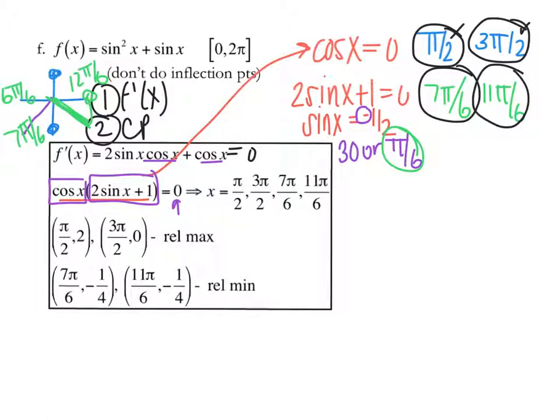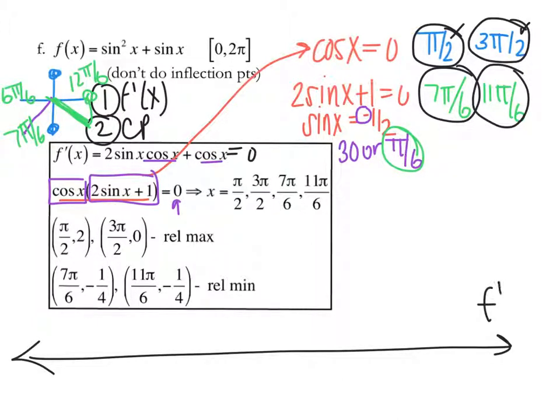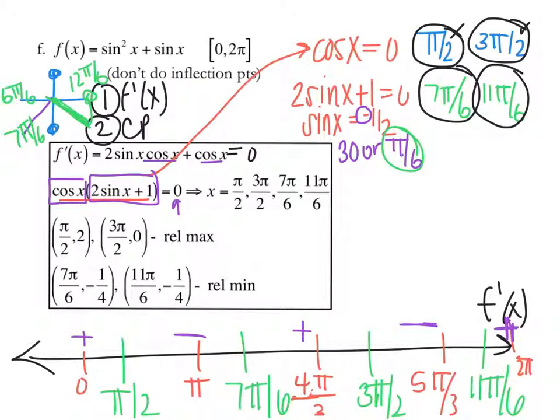You will then make a big sign chart testing those critical points off of the derivative to check their signs. So I went ahead and set it up with my critical points at pi over 2, 7 pi over 6, 3 pi over 2, and 11 pi over 6, and filled out some values in between.